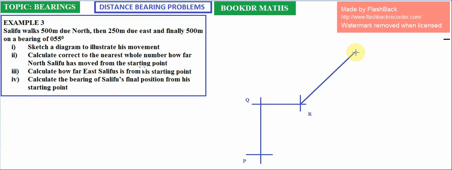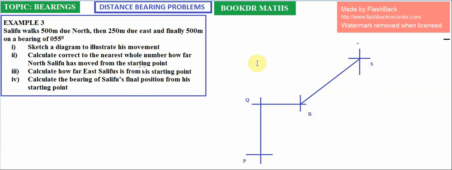So the length of this line should be exactly this one. It's a sketch. You can use scale drawing as I said earlier on. So this is my 55 degrees, and that is his final destination. Final destination. I'll call this final destination S.